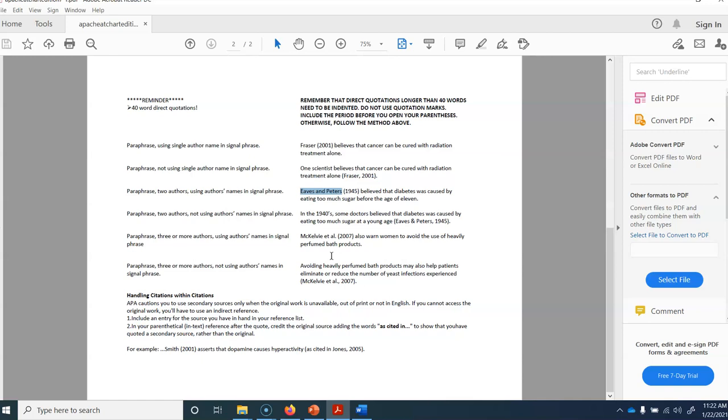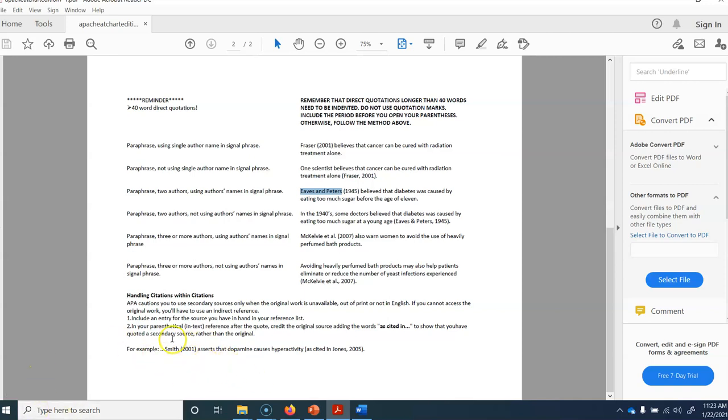On your references list, the only thing that you're going to include is the source that you yourself are looking at. But for your in-text references, what you're going to do is credit the original source by adding the words "as cited in" to show that you've quoted a secondary source rather than the original. So what does that mean in plain English?